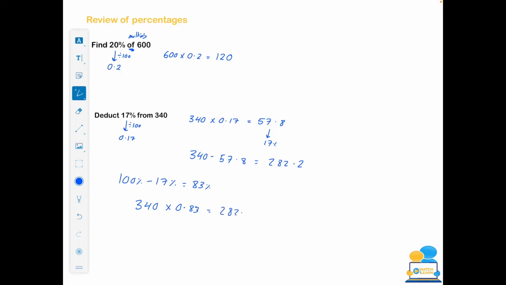We do, so we get 282.2. Now I would consider the first method much easier, when you just find the 17% and subtract it from your original number. So just a quick review of percentages before you go any further. If you're a little bit rusty on that, you need to go back and find when you did this in class and go back through it, because percentages are going to be super important for this chapter.